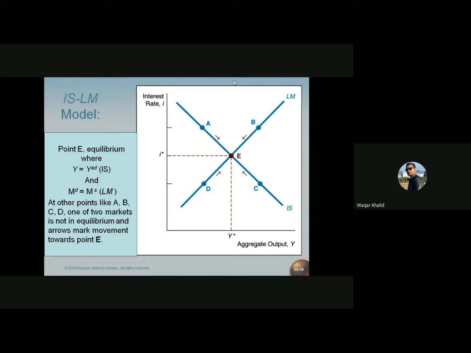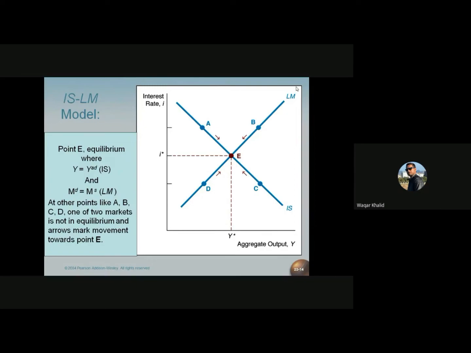Suppose the economy is at point B or at point D on the LM curve. So how will the economy move towards the original equilibrium position, point E? At point B, money demand is equal to money supply. It means that the money market is in equilibrium at point B. Output is higher than the equilibrium level and exceeds aggregate demand.